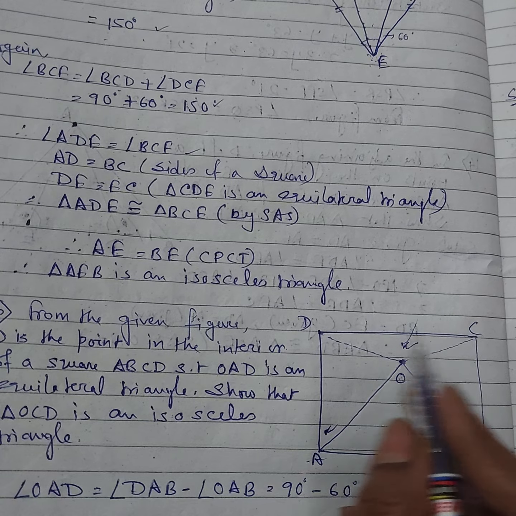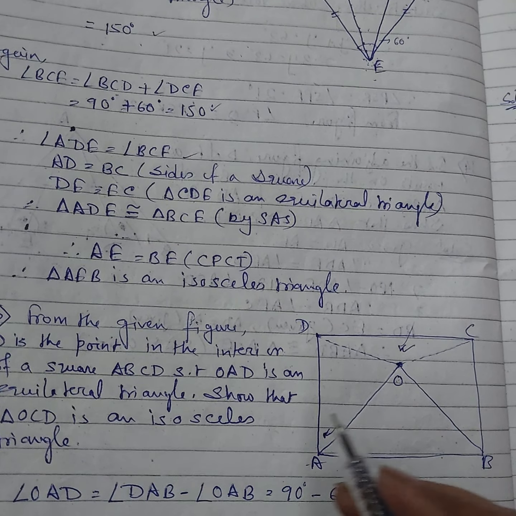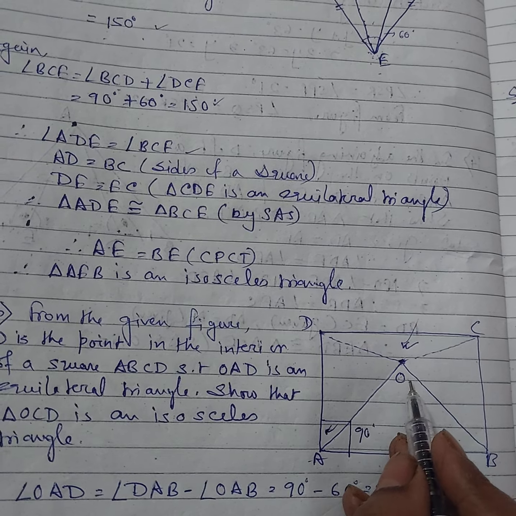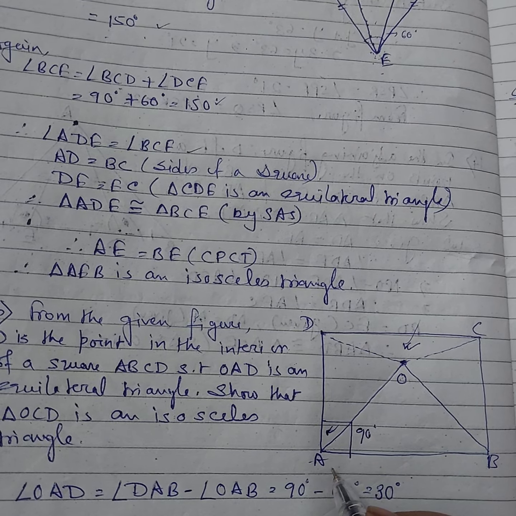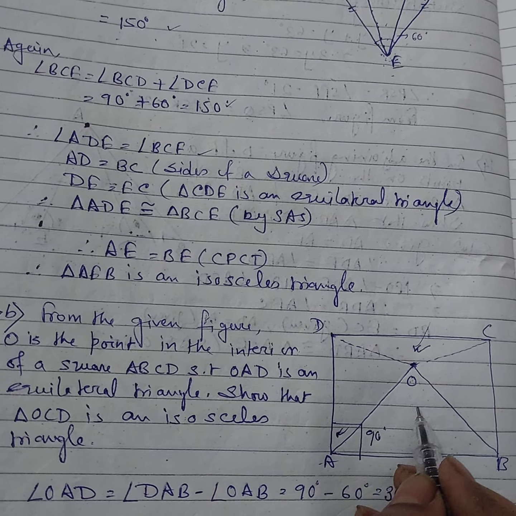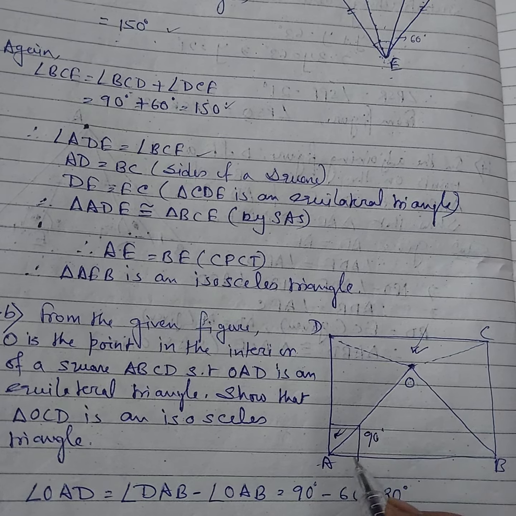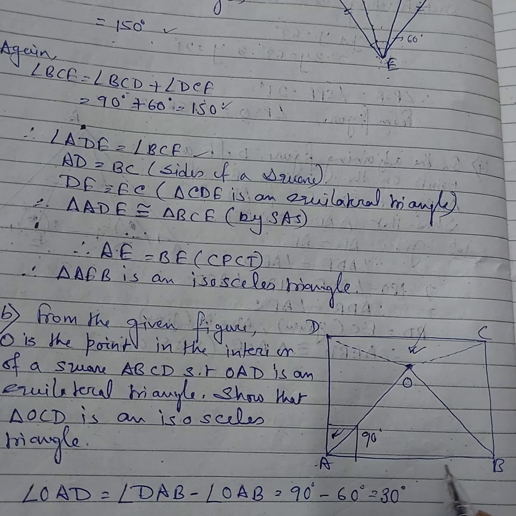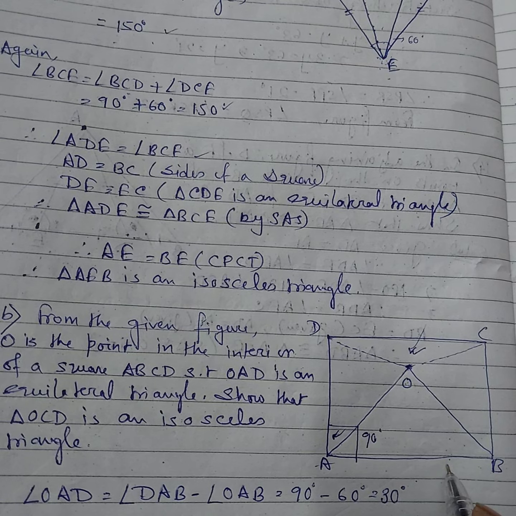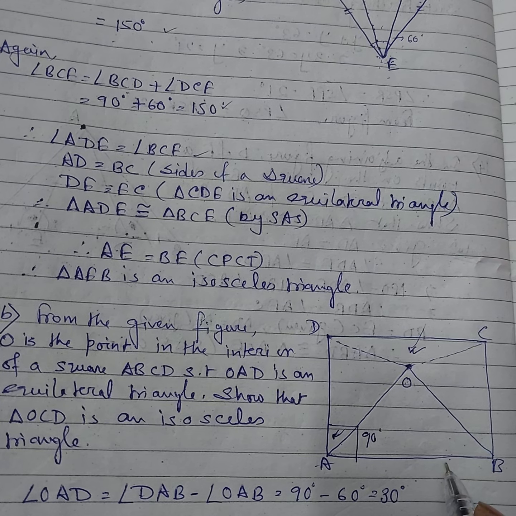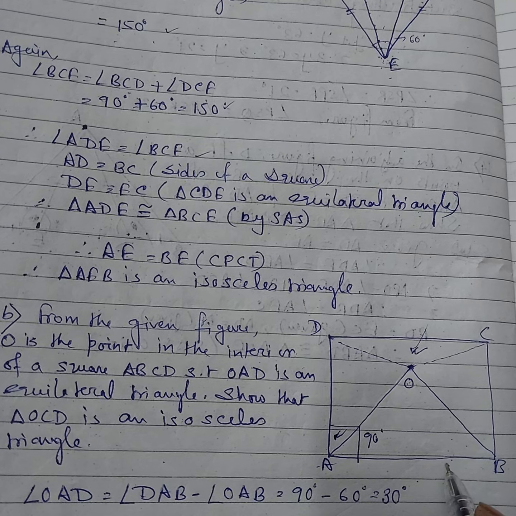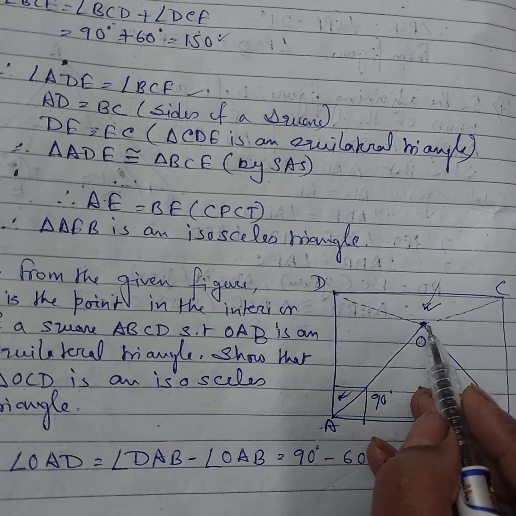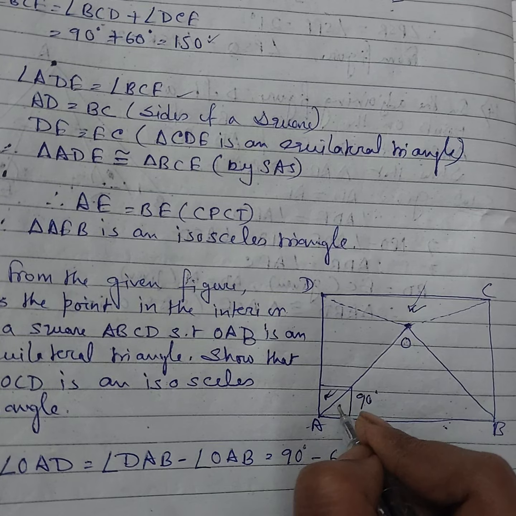Since ABCD is a square, this whole angle is 90 degrees. Again, OAB is 60 degrees, this angle.